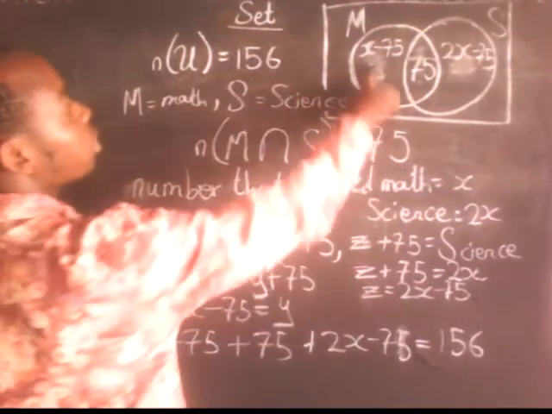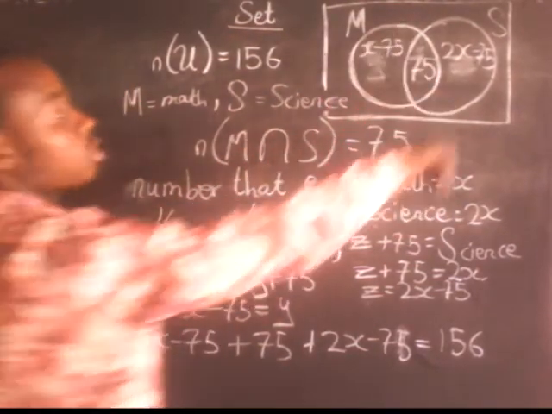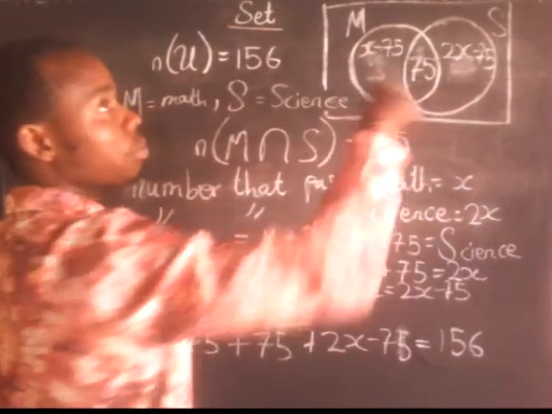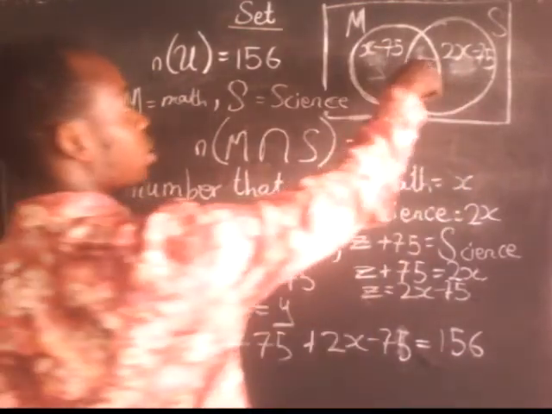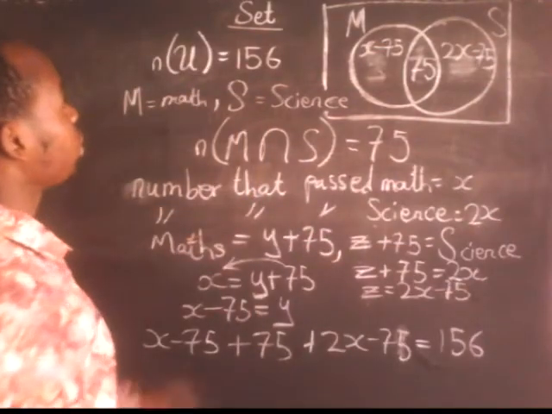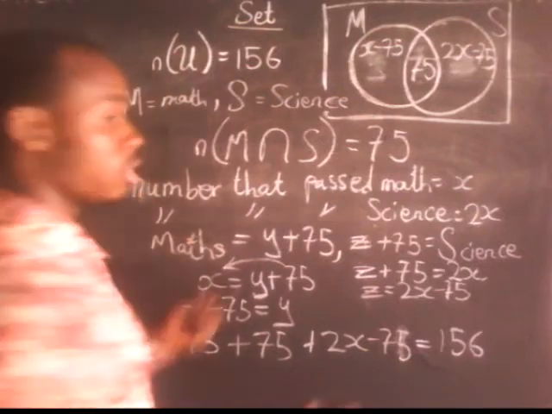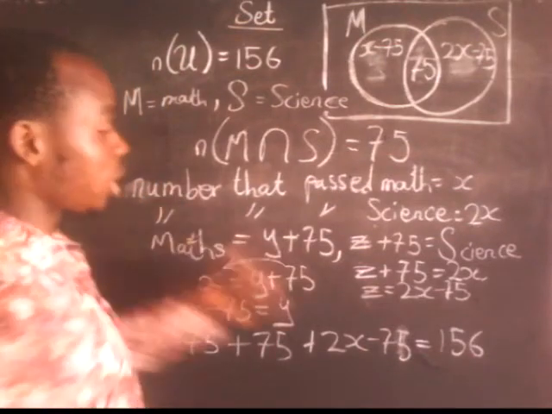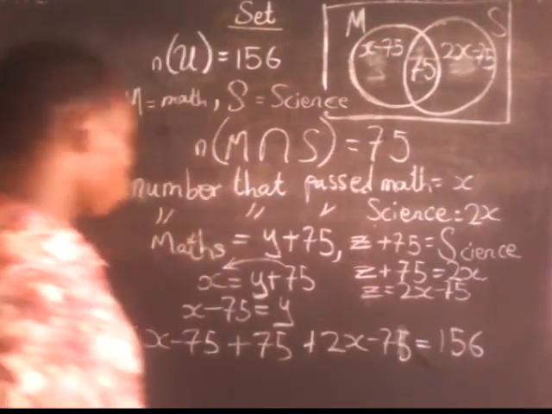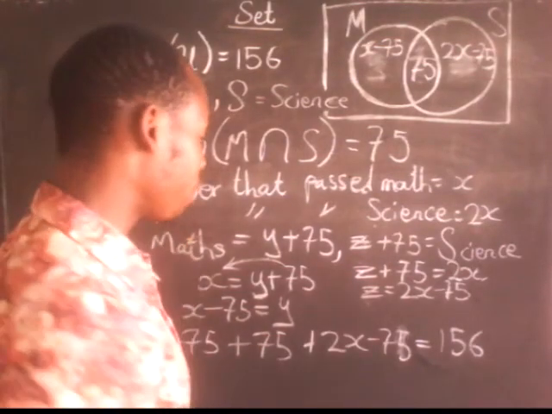The total of the set M, people that studied M only, people that passed both subjects, and people that passed science alone, will give me the total number of students in the class or in the school, which is 156. What we do here is collect like terms, and then get the value of what?